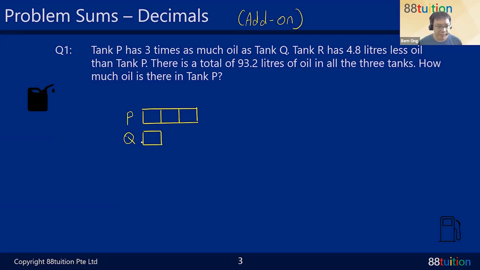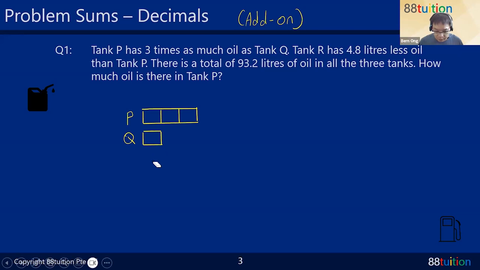For example, they say that you have 3 times as much money as me. For example, I got $10, you got 3 times, you got $30. So they got 3, I got 1. Can you see that? That's the meaning of 3 times. 3 times means P got 3 of this, and Q will have 1 of this.